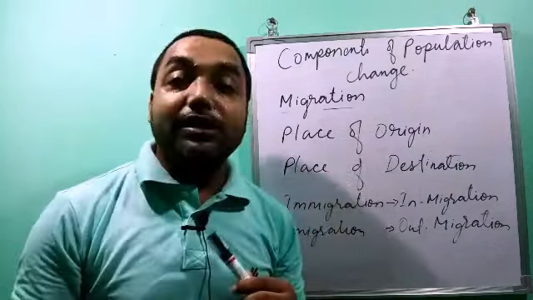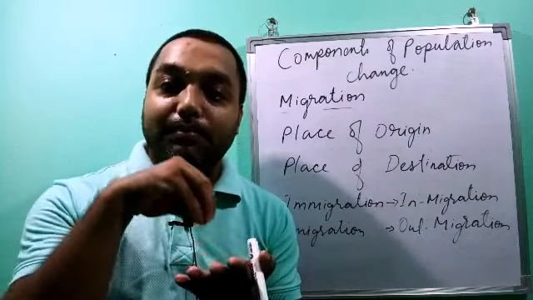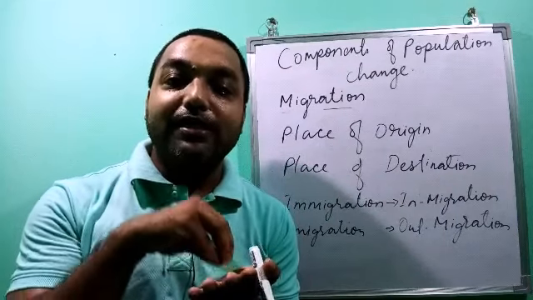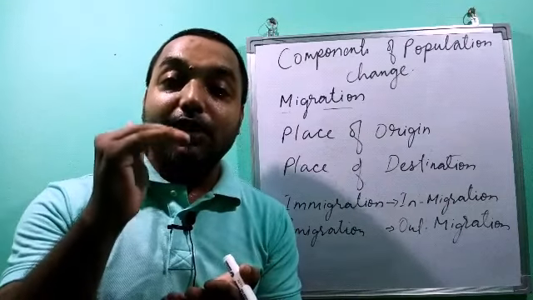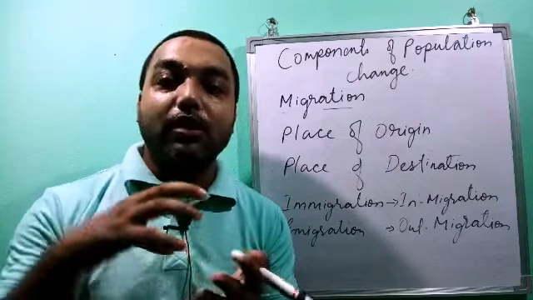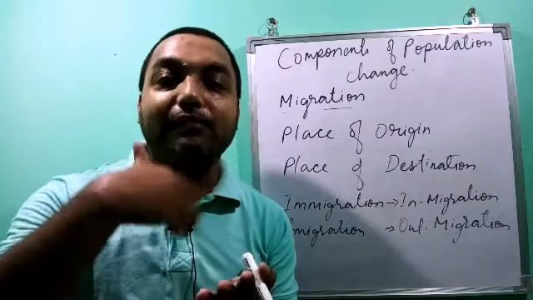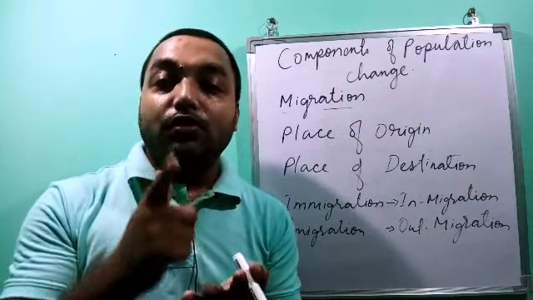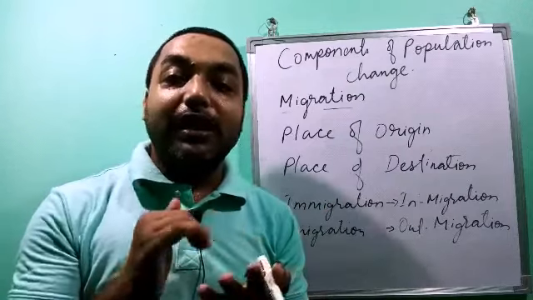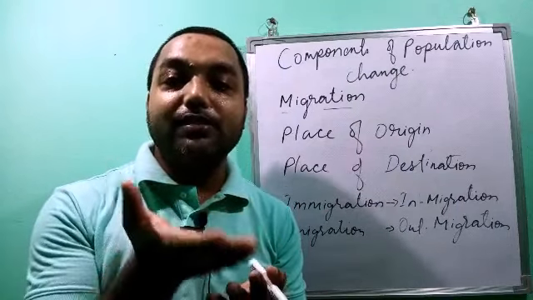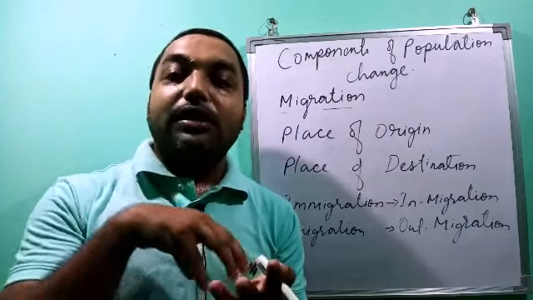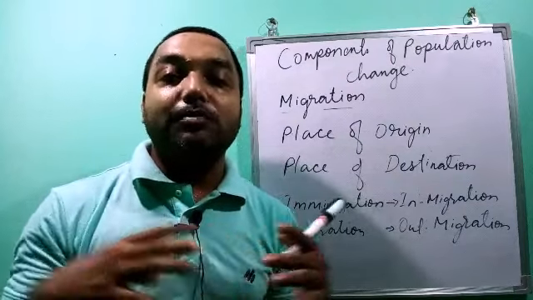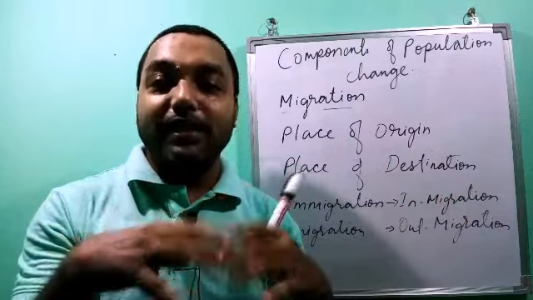From the place of origin, from where the people have started to move away, the total population of that region will come down, because people have moved away from it. At the place of destination, where the person has gone and settled permanently, the population will increase, because people from different regions will come and settle there.